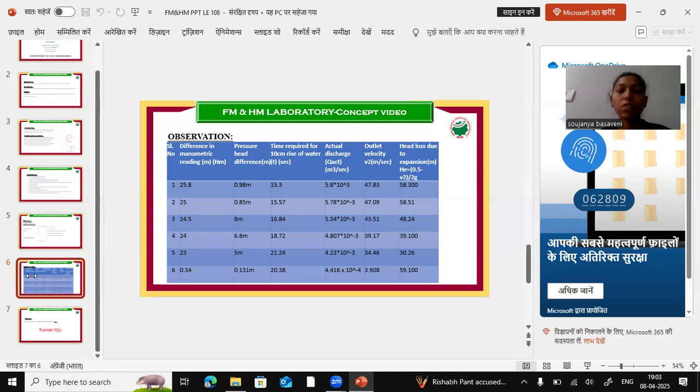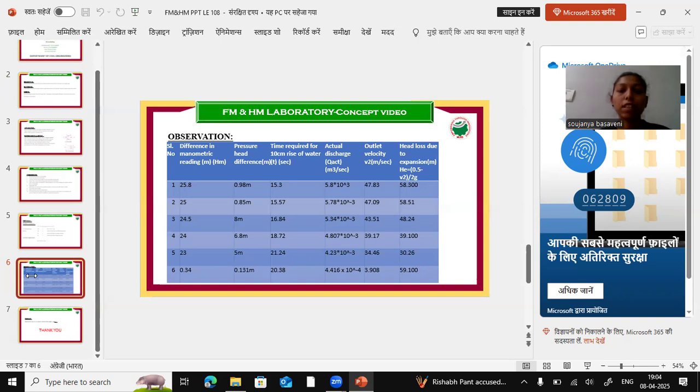Major losses are also known as friction losses, caused by friction between fluid and pipe walls. While major losses are typically associated with longer pipes, minor losses are associated with short length pipes. The importance of minor losses: accurately calculating and accounting for minor losses is crucial for designing efficient and reliable piping systems.